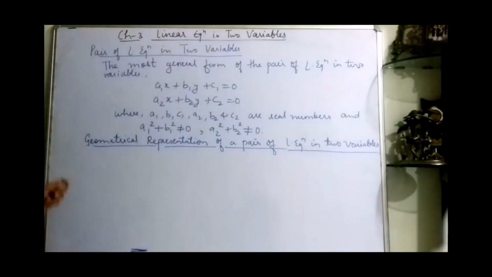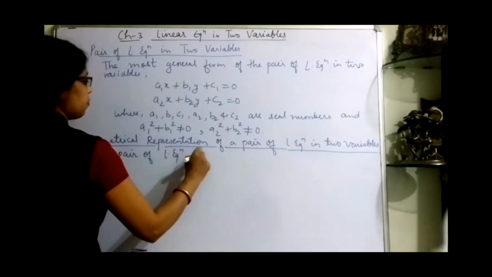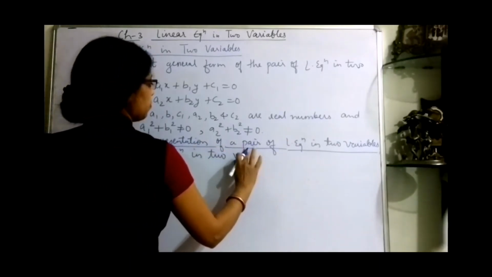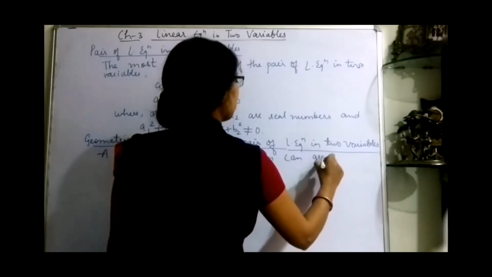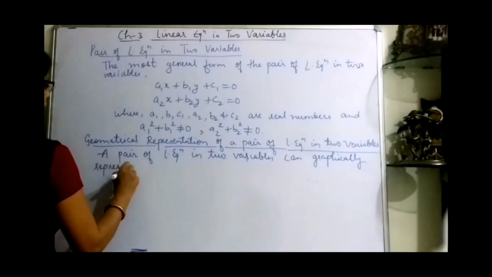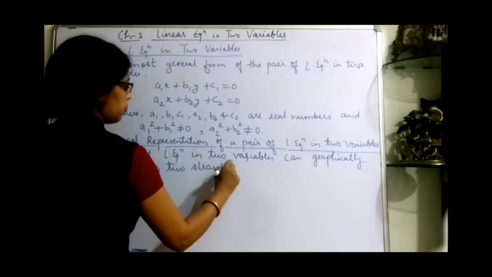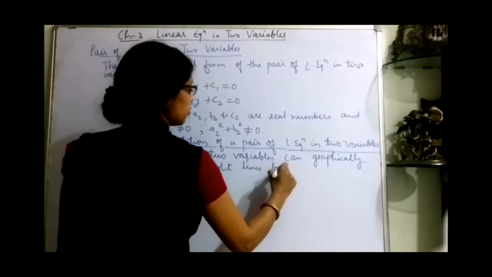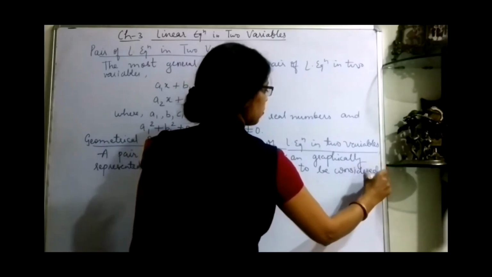A pair of linear equations in two variables can be graphically represented by two straight lines, both to be considered together.